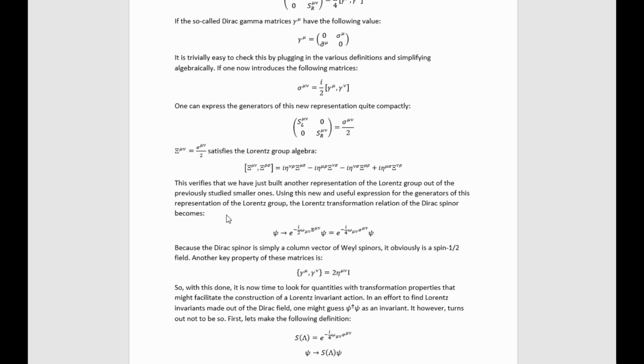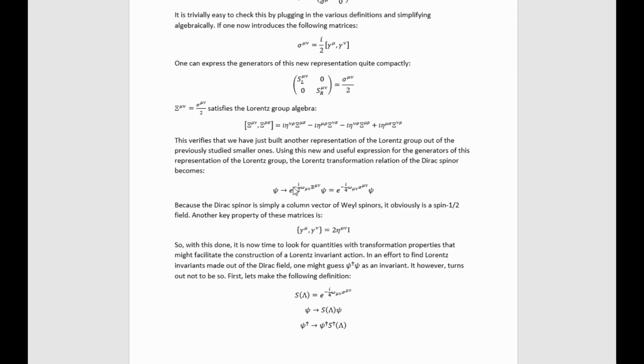Using these new and useful expressions for the generators of this representation of the Lorentz group, the Lorentz transformation relation of the Dirac spinor can be expressed like this. This exponential right here is the bispinor representation of the Lorentz group. Because the Dirac spinor is simply a column vector of Weyl spinors, it's obviously a spin-half field.